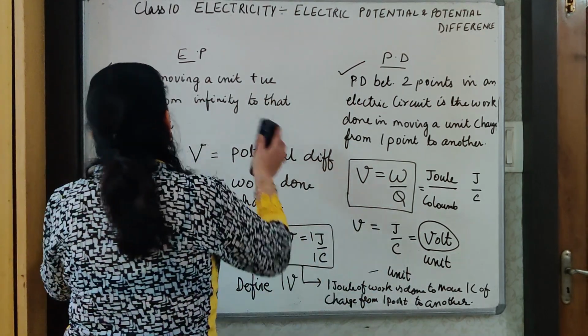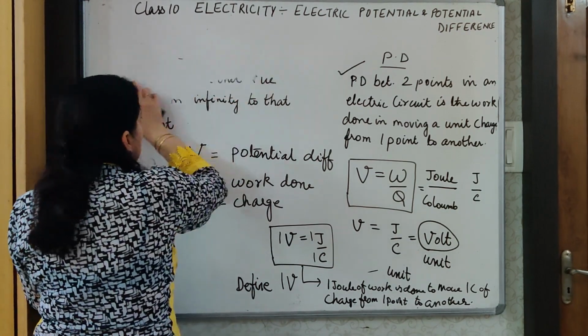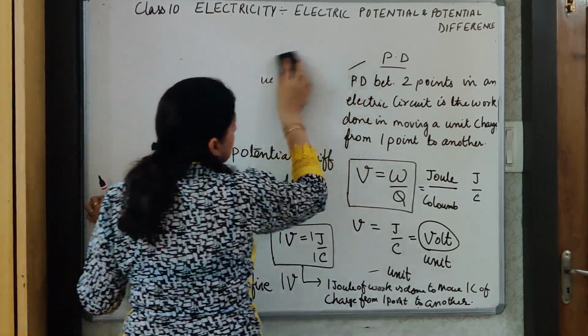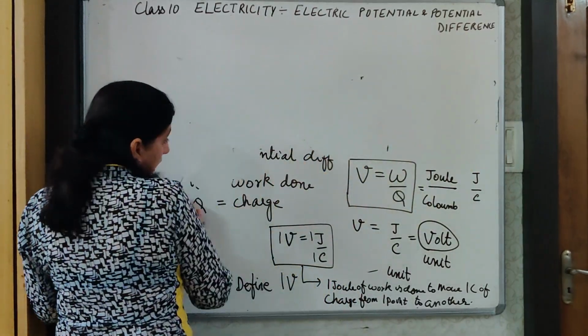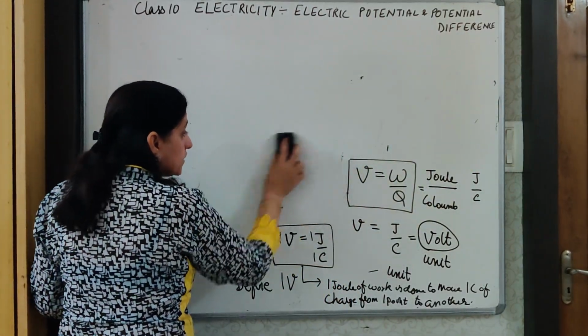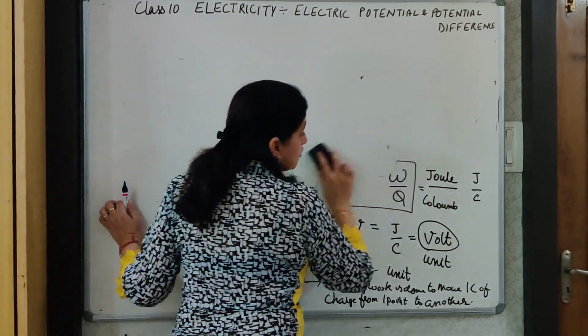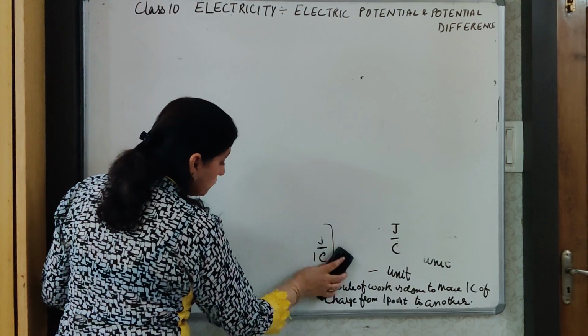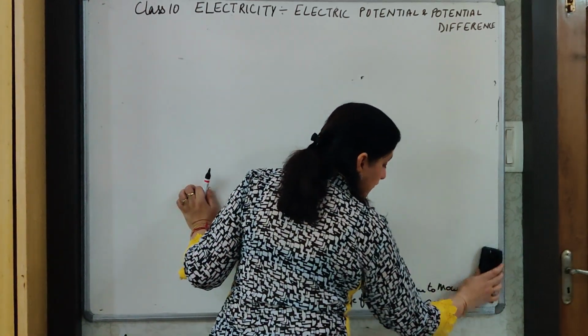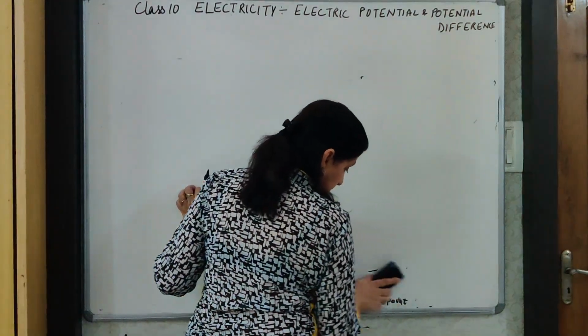So let me take one example, one numerical for you using the formula V is equal to W upon Q. Again, there are 3 physical quantities in this, and out of these, one will be given to you and the others you will have to find.